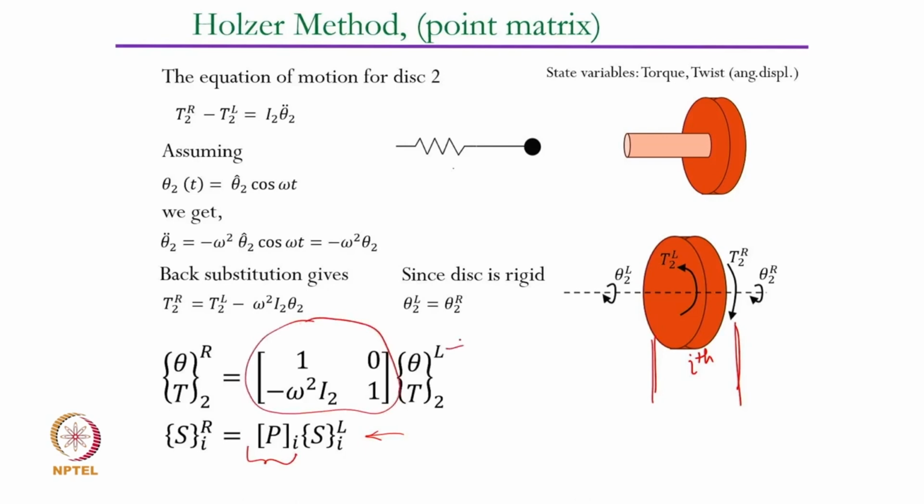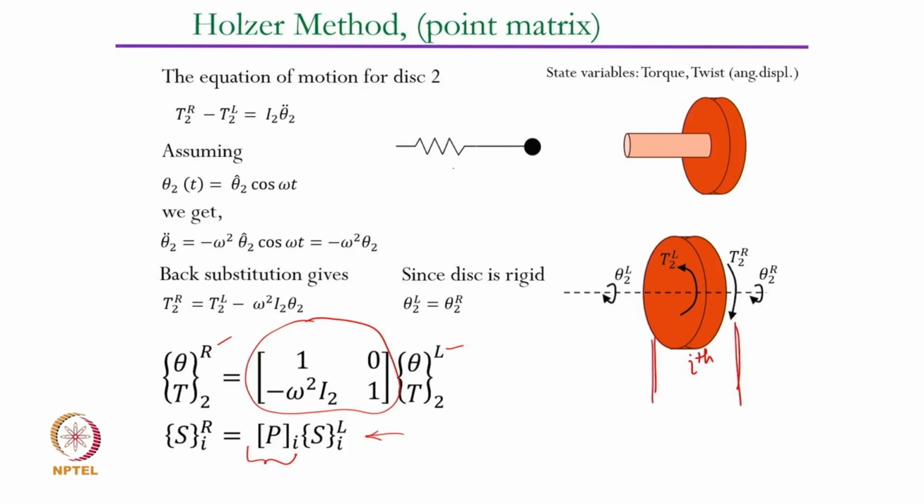The state vector on the left and the state vector on the right of the ith segment, in this case the second segment, second disk, is related through this matrix, which is called a point matrix. Because we are considering that at that point only inertia contributes, there is no strain energy stored. So it's a point matrix.